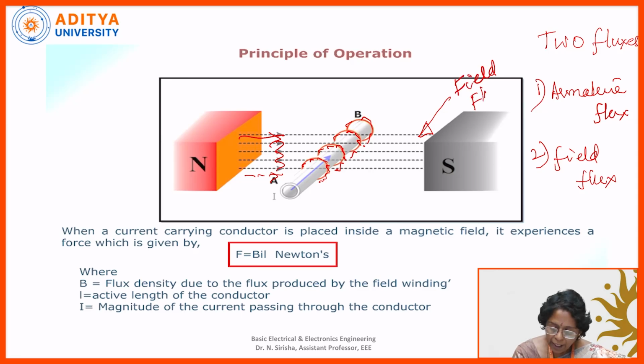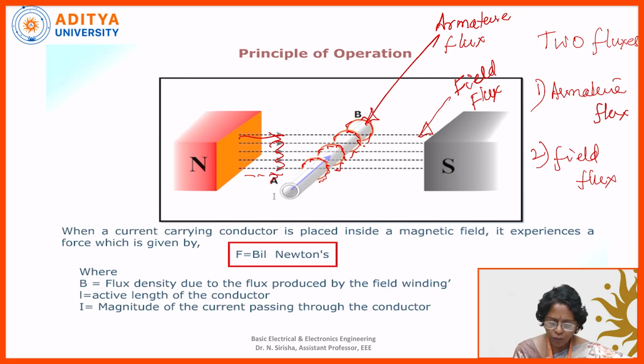When current passes through the armature, one more flux is formed surrounding the armature conductor, which we call the armature flux. Because of these two fluxes, force is exerted on the current carrying conductors. Since a force is exerted on them, the armature conductors move forward.